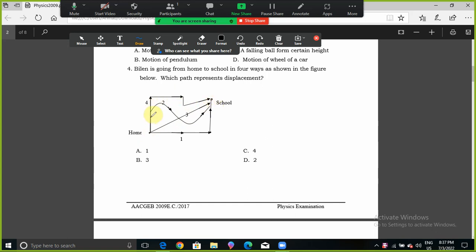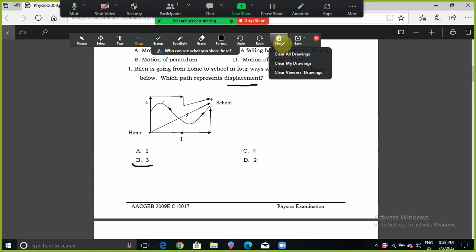And in 4 we have to go along 3 sides. Now, he said displacement, and as we know before, displacement is the shortest distance in a specified direction. So 3 is the right answer, because 3 has one way and one line, and it's the shortest way. So the answer is B.